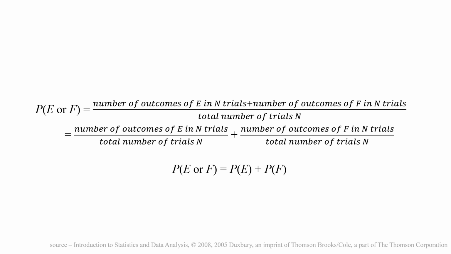Since the ratios on the right hand side of the above expression are the probabilities of event E and event F respectively, probability of E or F equals probability of E plus probability of F.